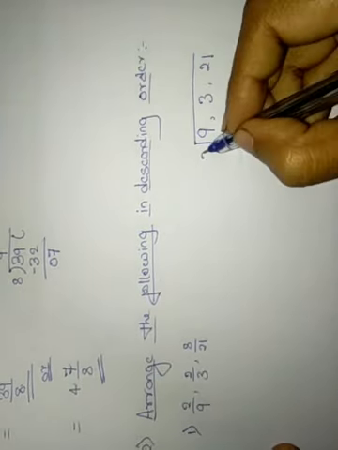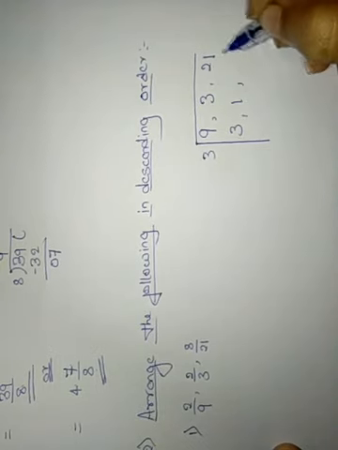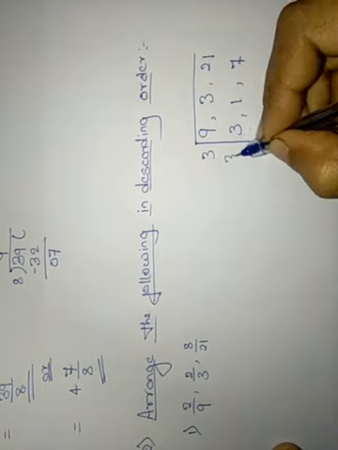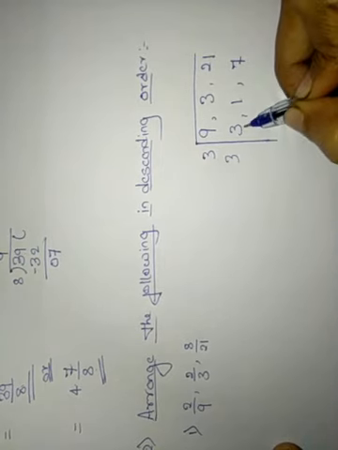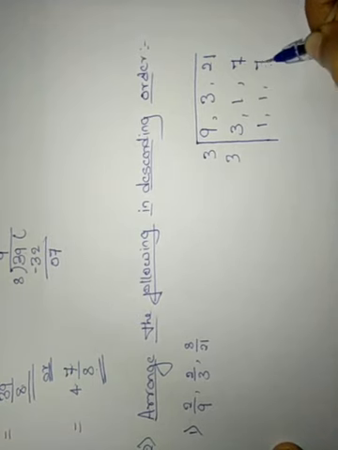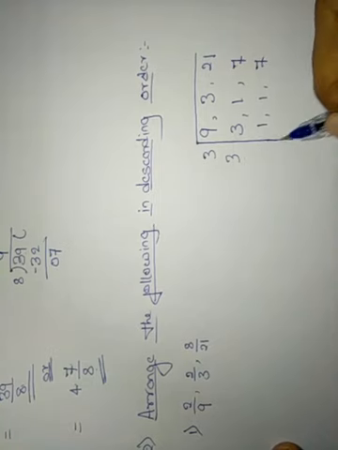Then 3 3s are 9, 3 1s are 3. Again 3, how much are 21? 3 7s are 21. Again we will simplify it by 3 because still 3 is remaining here. 3 1s are 3, 1. I will keep 7 as it is because it will not get simplified by the table of 3 here.